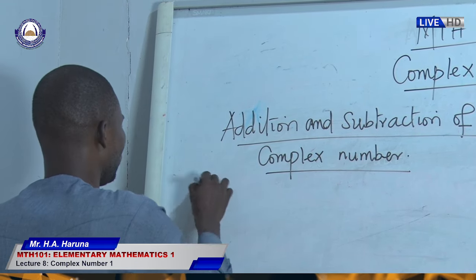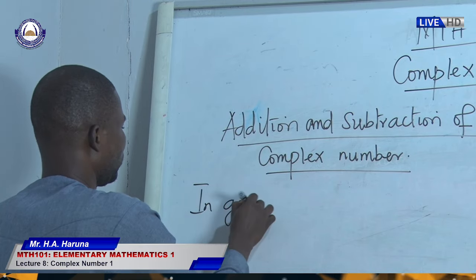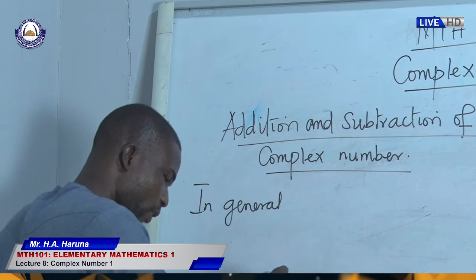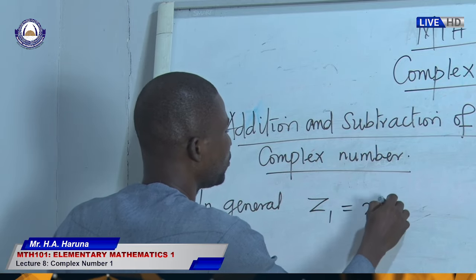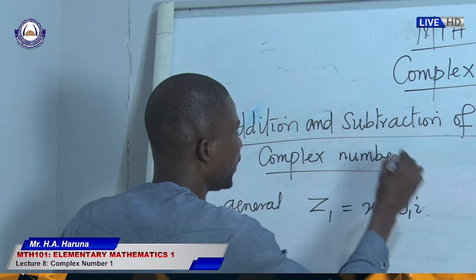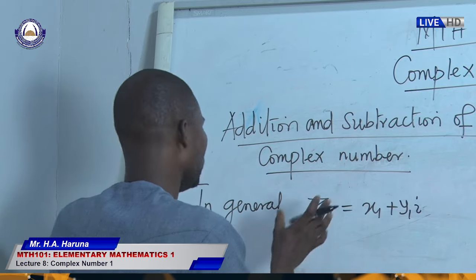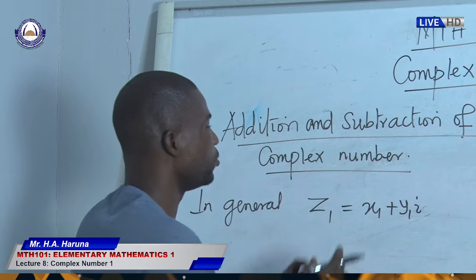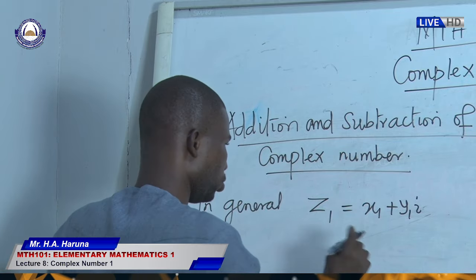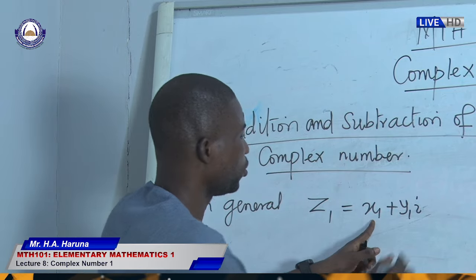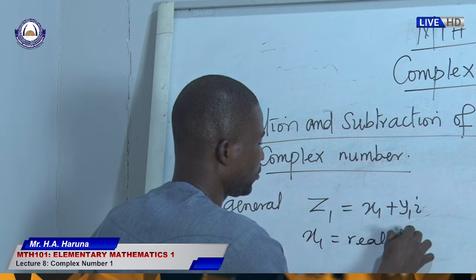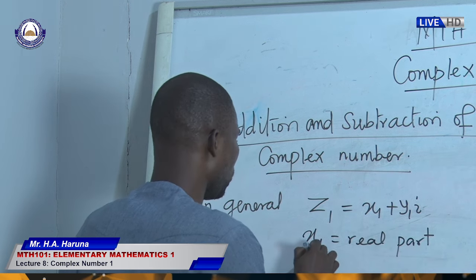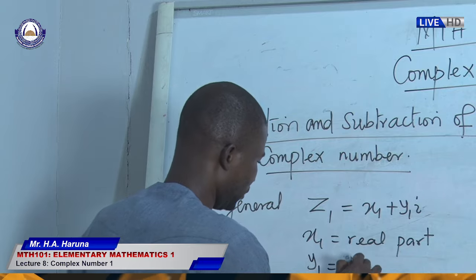In general, we can say Z1 equals X1 plus Y1 i. Recall that I said a complex number will have real and imaginary parts. So your X1 is the real part, and your Y1 is the imaginary part.